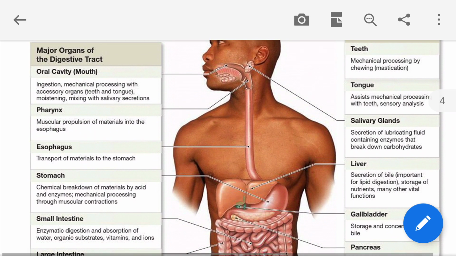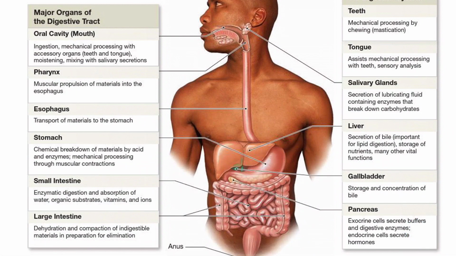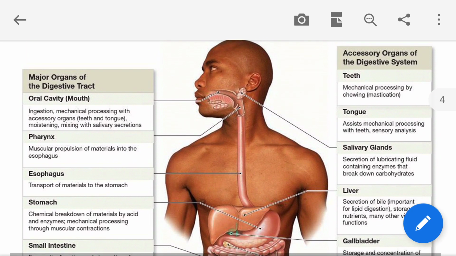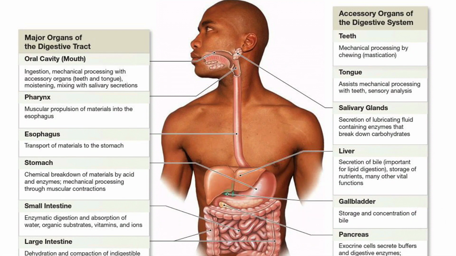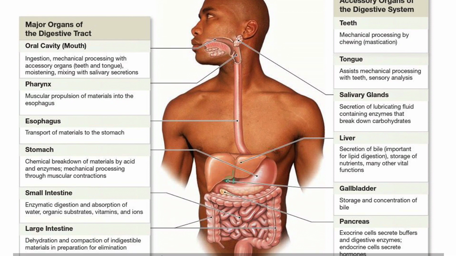On the left hand side, the major organs of the digestive tract: the oral cavity, pharynx, esophagus, stomach, small intestine, large intestine. And on the right hand side, the accessory organs of the digestive system: teeth, tongue, salivary glands, liver, gallbladder, and the pancreas.